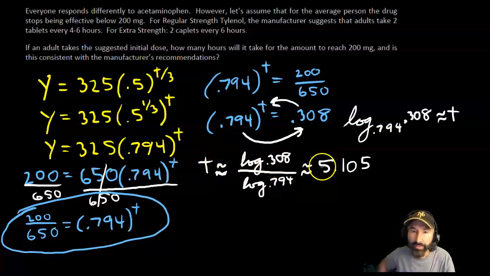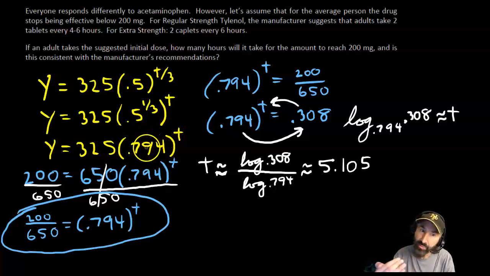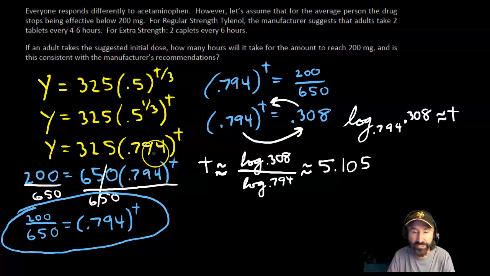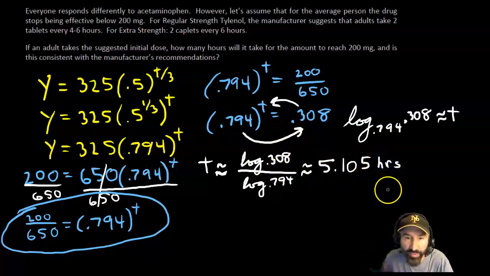When we started out and made the model in the last video, we were looking at reducing by half every 3 hours, but we did a little manipulation here, and now t represents every 1 hour, because we're left with 80% after every 1 hour, not 50%. So anyways, the units here are going to be hours. This will be 5.105 hours.